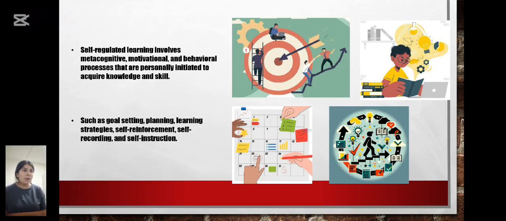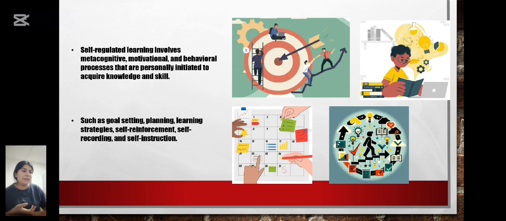Self-regulated learning involves metacognitive, motivational, and behavioral processes that are personally initiated to acquire knowledge and skill. So now we will be talking about metacognitive, motivational, and behavioral processes. They are the knowledge and skills such as goal setting, planning, learning strategies, self-reinforcement, self-recording, and self-instruction.